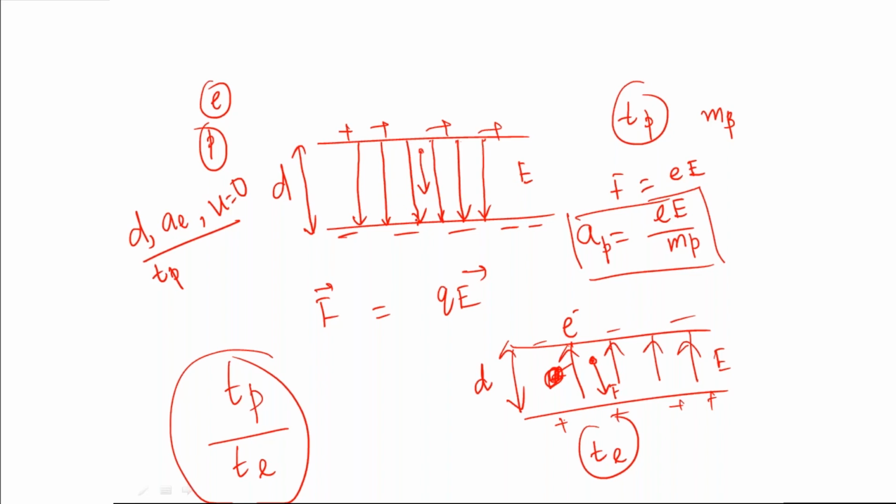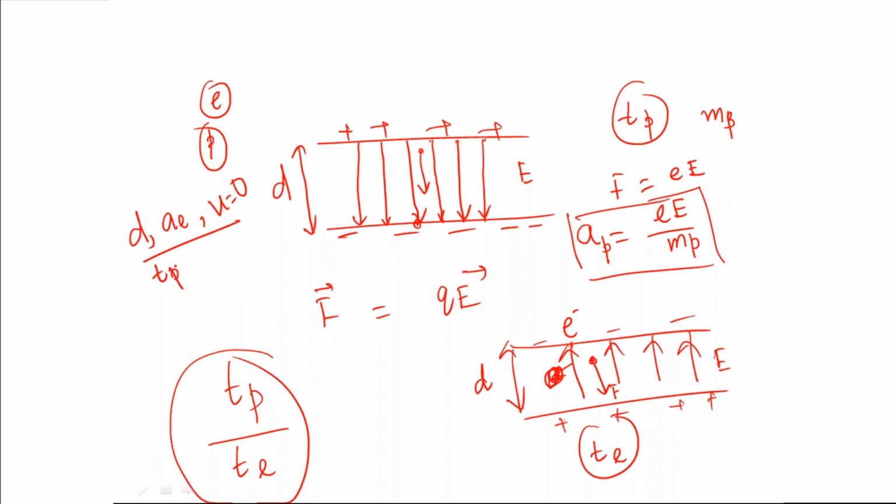Which formula are you going to use from kinematics? I don't know the v, right? I know that initial velocity is 0. I know the displacement. I know the acceleration. So to find out this time tp, which formula?